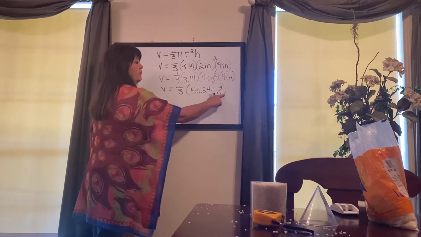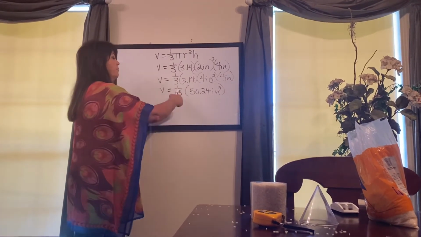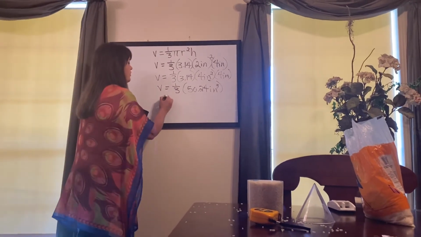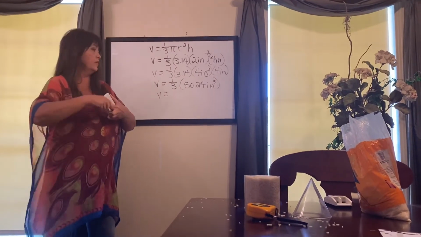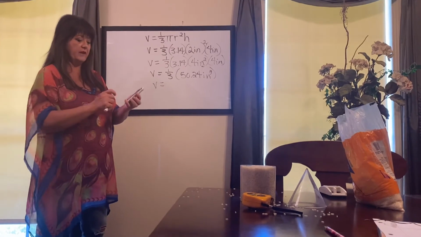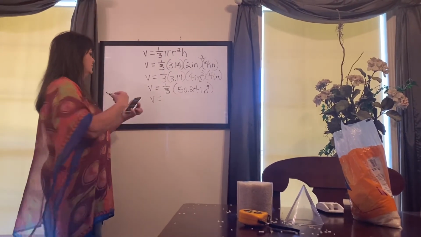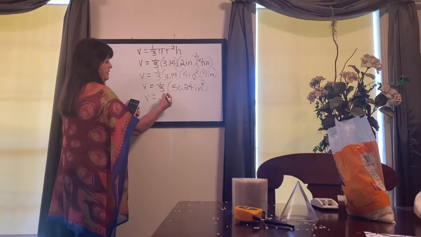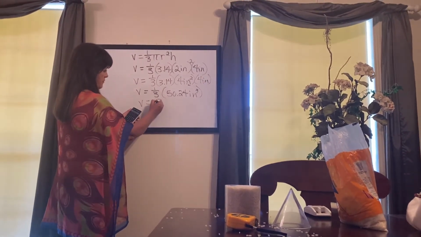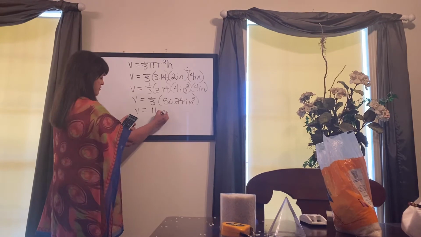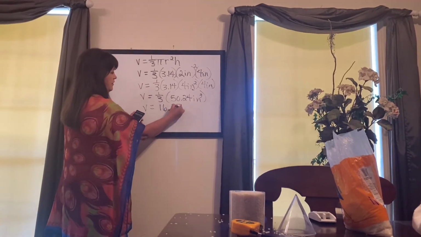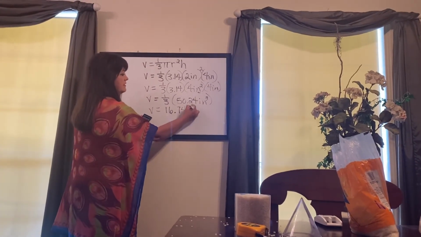So this is what I would have gotten if it was a cylinder, but it's a cone, so it's 1/3 of that. So now I'm going to take that value and divide it by 3, and I'm going to get a number that goes on forever. It's a repeating decimal. It's going to be 16.74, and the 6 is going to repeat.